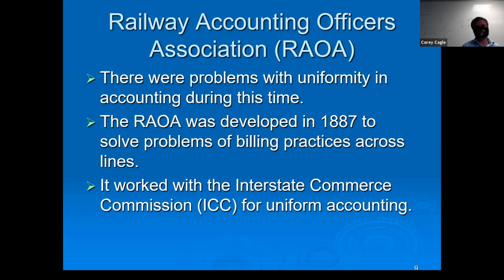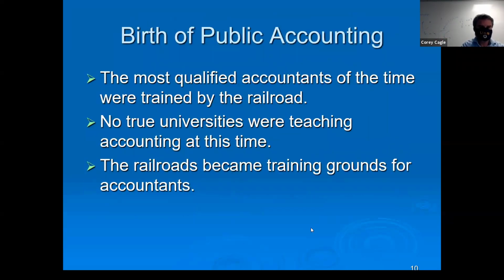Everybody was kind of doing their own thing, so an organization formed to deal with that. You can think of this as the precursor to some of the things we have now. 1887 is when it was developed. They were solving billing practice problems across the lines, and worked with the ICC for uniform accounting. With all these multiple lines people were running on, revenue sharing was an issue. How do you share revenue and all of that? So they were formed to deal with that kind of thing.